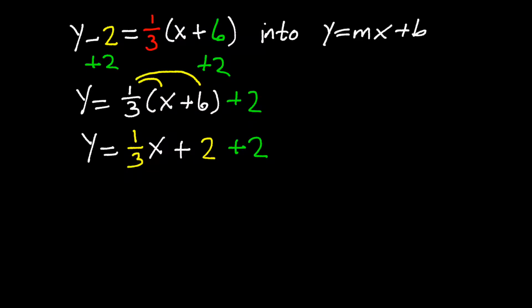We are almost done. We almost have this in slope-intercept form. But right now it looks like I have 2 y-intercepts. That can't happen. I need to combine like terms. So 2 plus 2 is 4, and the very end gives me y equals 1/3 x plus 4.